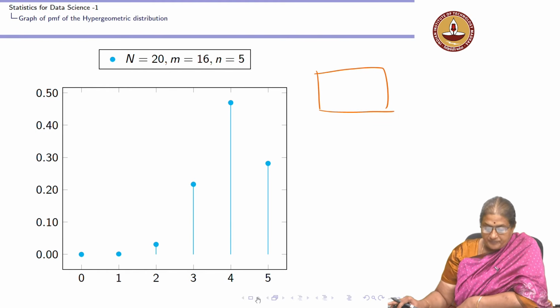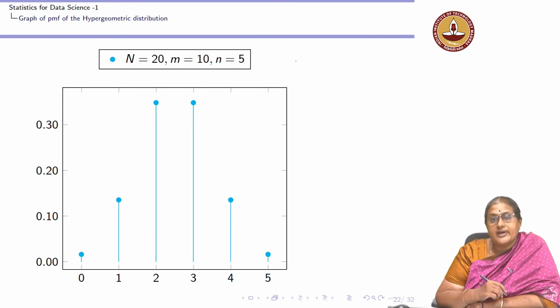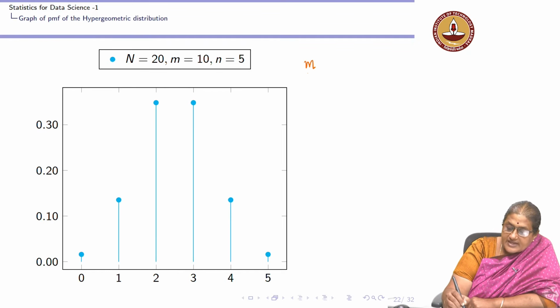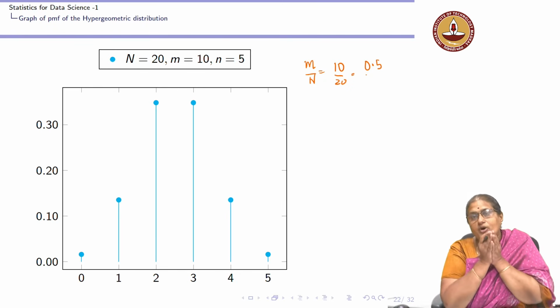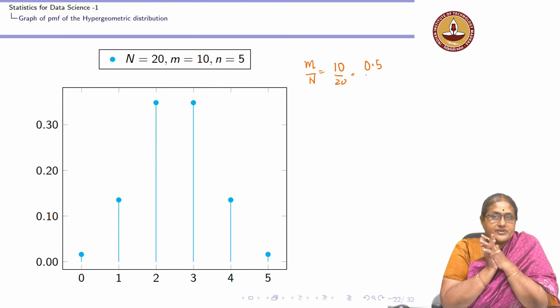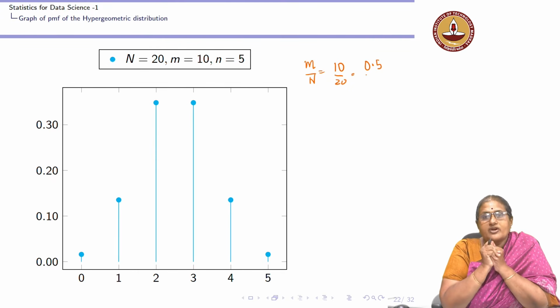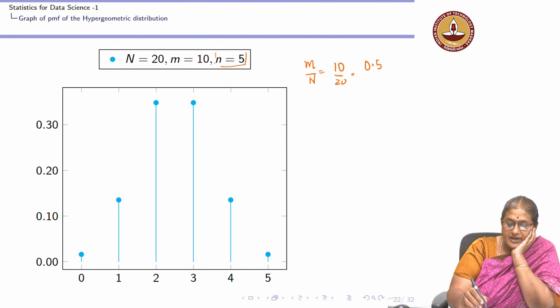Now, let us look at the case where n equal to 20 and m equal to 10. In this case, I have m by n, which is 10 by 20, equal to 0.5. So, here you see that my box has an equal number of both types. When I have an equal number of both types, I get a symmetric distribution, and I am sampling 5 balls.